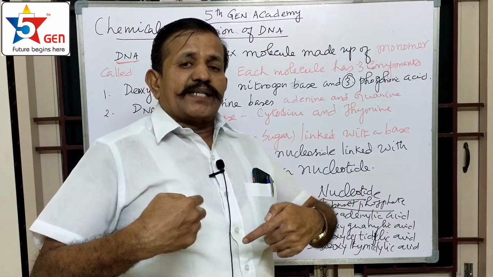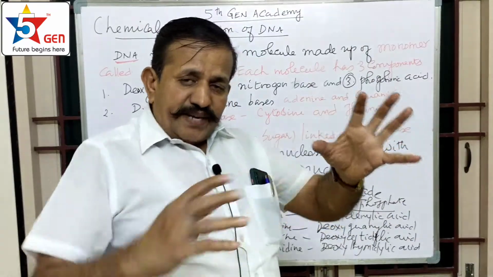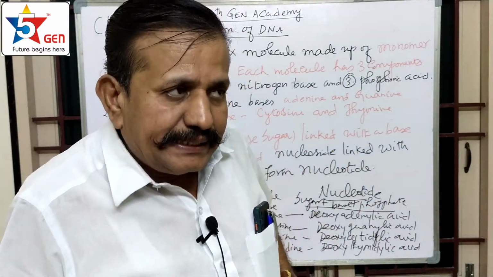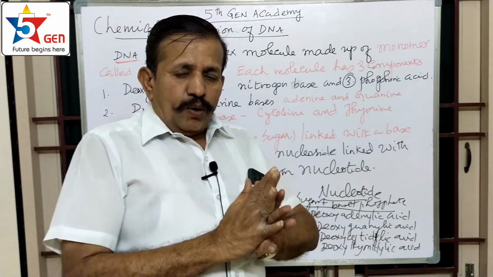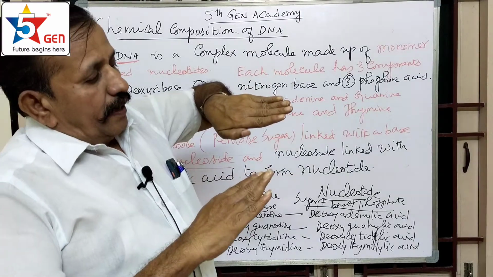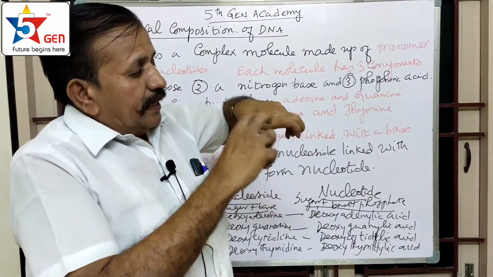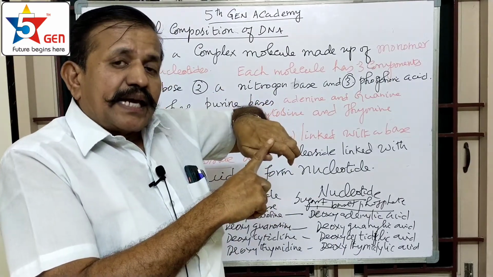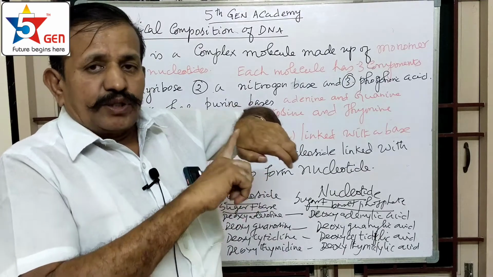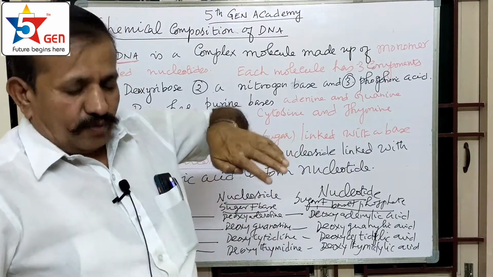Many nucleotides are linked together to form the double helix model of DNA, hence we call it a polynucleotide chain. In DNA, the nitrogen base, sugar and phosphoric acid all three combine to form a nucleotide. There is no doubt at all.